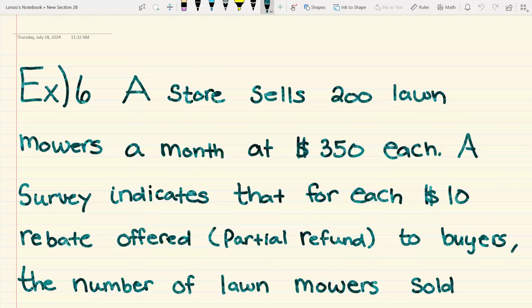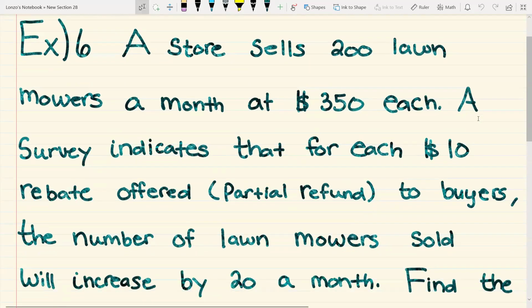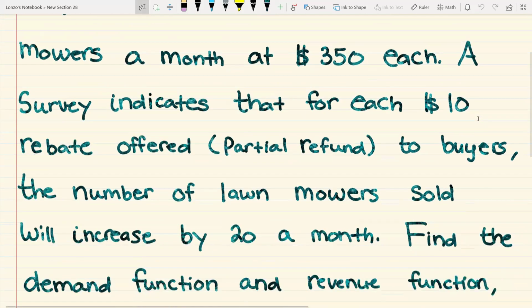Hello. In this video, I will do example 6 of demand function word problem. A store sells 200 lawn mowers a month at $350 each. A survey indicates that for each $10 rebate, meaning partial refund, to buyers, the number of lawnmowers sold will increase by 20 a month.